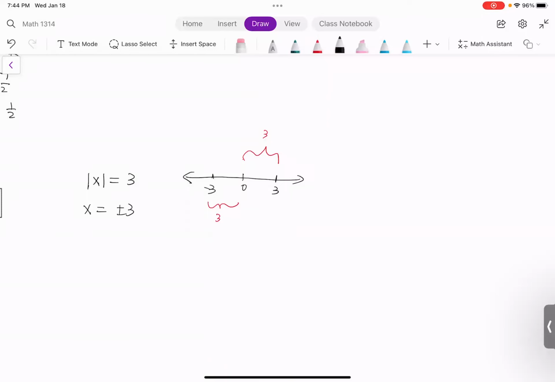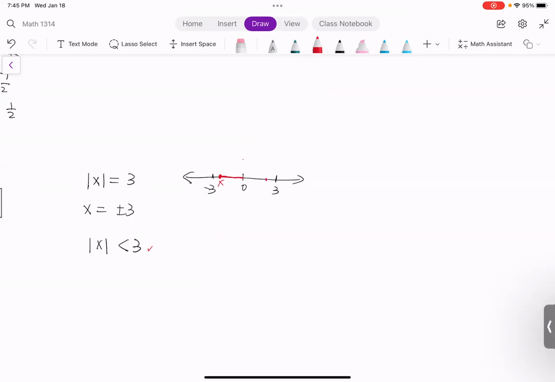Now here is the question. If I have absolute value of x less than 3, where to choose the solution set? Can I choose a point here? Then the x is here. From the x to 0, this distance is less than 3. Yes, it satisfies this condition.